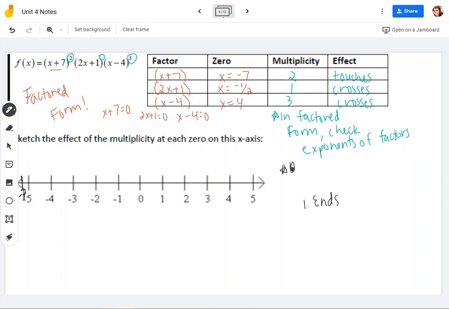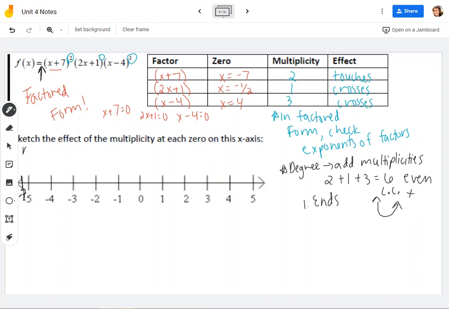But we can get our degree from adding the multiplicities. So if our multiplicities are 2 plus 1 plus 3, that gives us a degree of 6, which is even. And our leading coefficient, we just look at the front. There's no negative sign, so we can assume the leading coefficient is positive. So it has to look like this. The ends are going to be going in the upward direction.